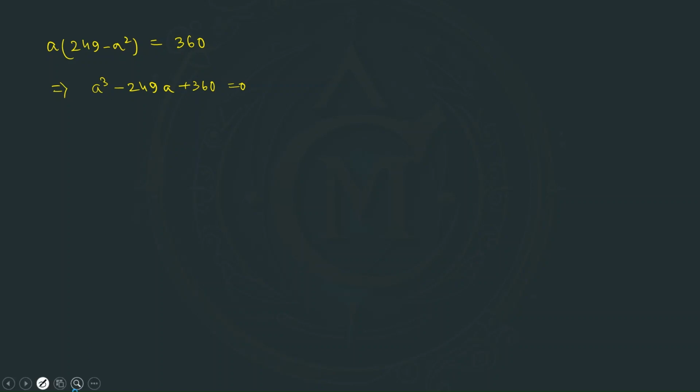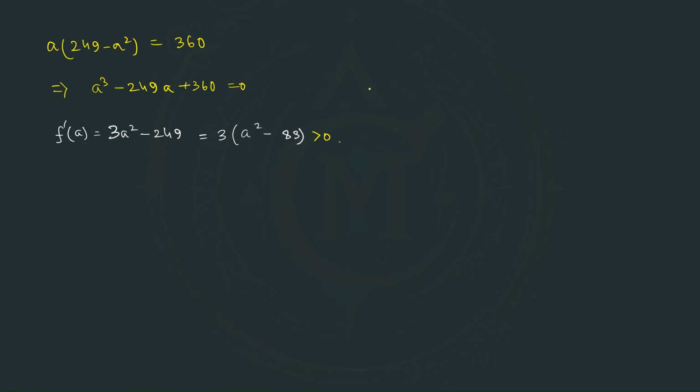Now this is a cubic equation. Let us check the nature of this cubic. The derivative of this cubic will be 3a square minus 249. This will be 3 times (a square minus 83).